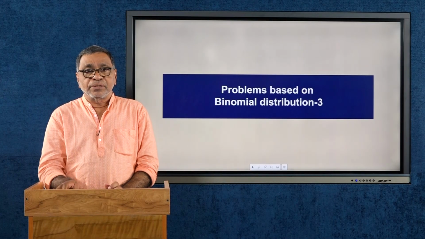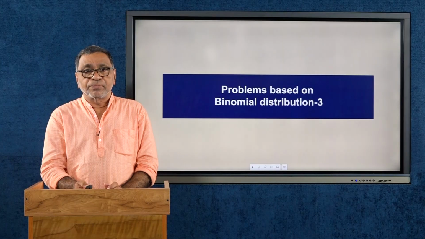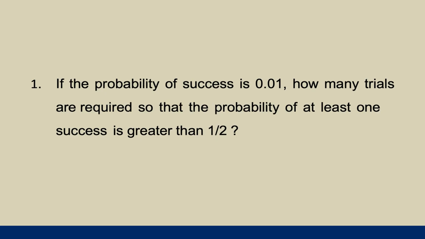Let us consider the first problem. If the probability of success is 0.01, how many trials are required so that the probability of at least one success is greater than 1 divided by 2?